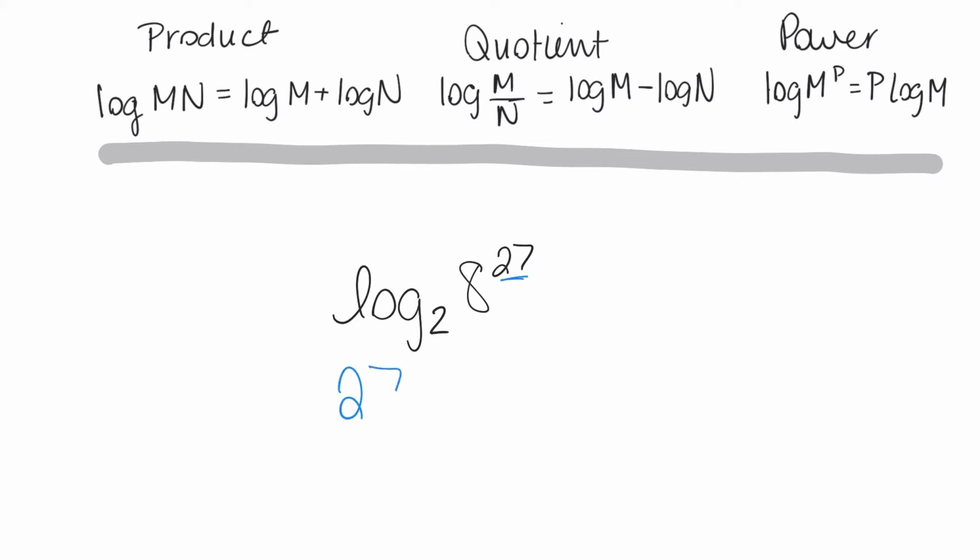So I can say 27 times the log base 2 of 8. Again, I have no variables here, so this is just a number. So what is the log base 2 of 8? 2 to the what power equals 8? Well, 3. So 27 times 3, right? Okay, so 27 times 3 is 81.